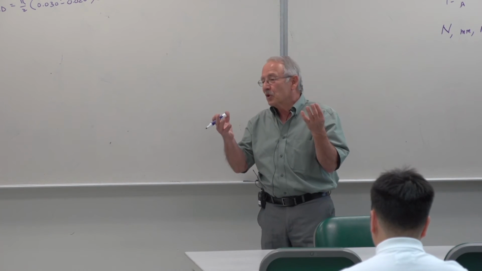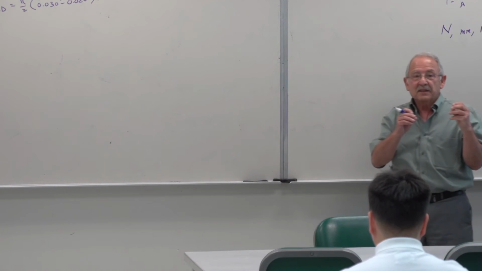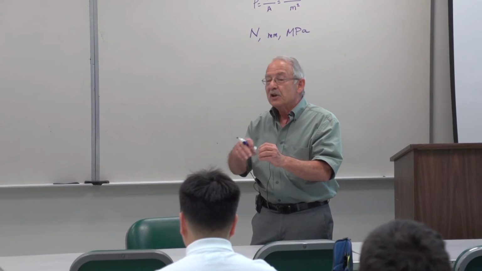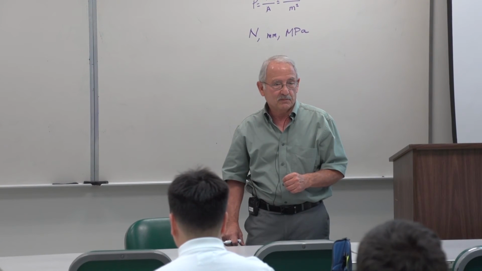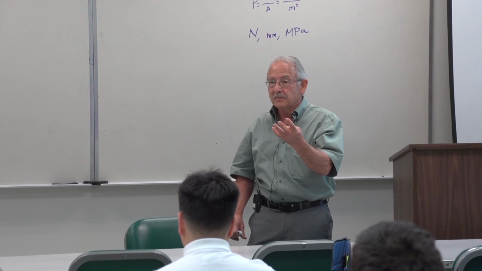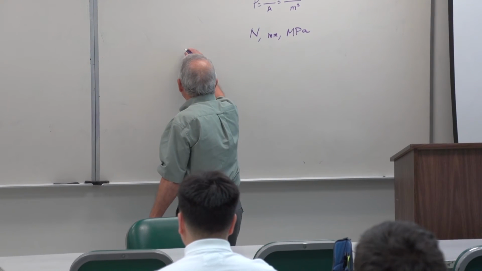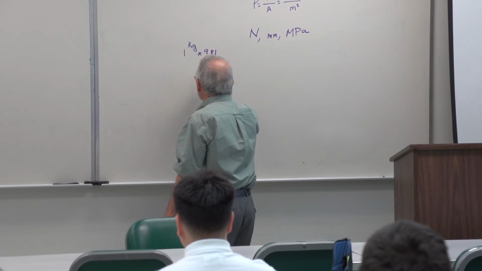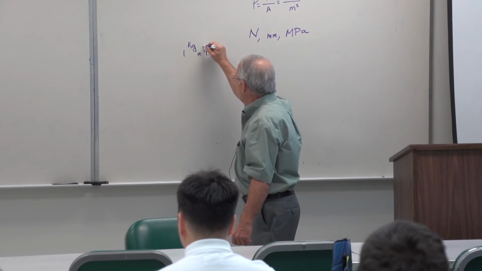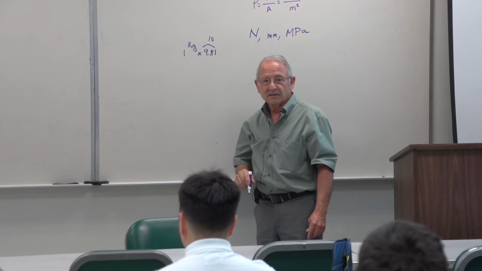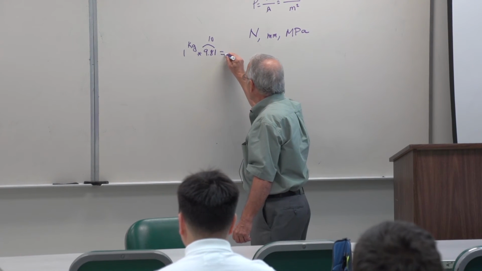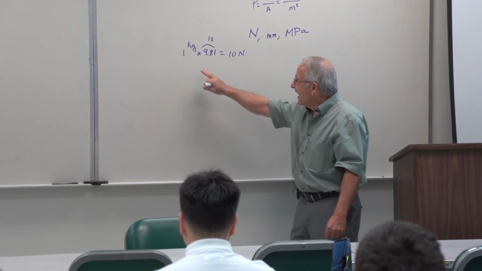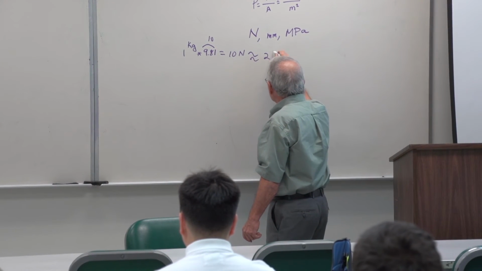But what we should say is that the weight of a body whose mass is 1 kilogram is approximately 2 pounds. If you remember that, so here's 1 kilogram, multiply that by 9.81, the acceleration of gravity, call that 10. That's 10 newtons. And that's approximately equal to 2 pounds.